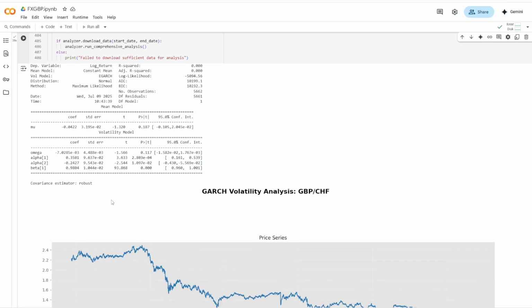Nevertheless, the p-values are good, and we have a positive alpha value of 0.35 and a positive beta.